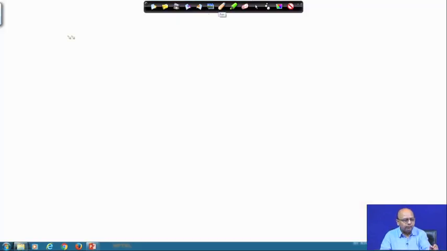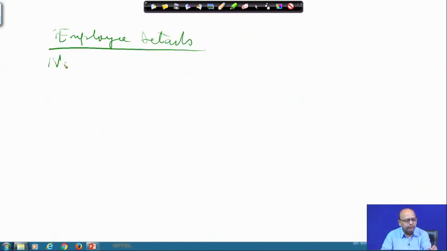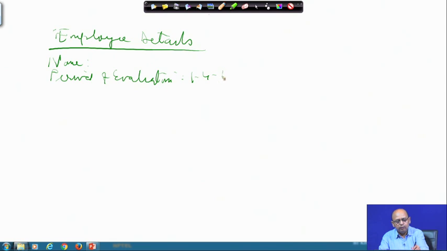So, first of all you have employee details in any form. It could start with the name of the employee, period of evaluation. And the period of evaluation could be 6 months or 1 year, usually it is 1 year. So, for example, if you are taking a financial year, it could be from 1/4/2016 to 31st March 2017.